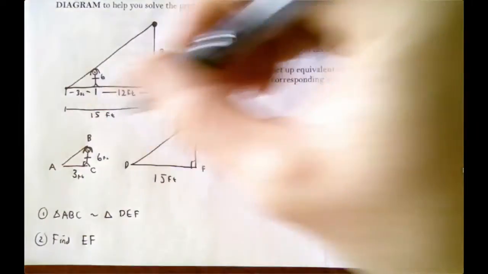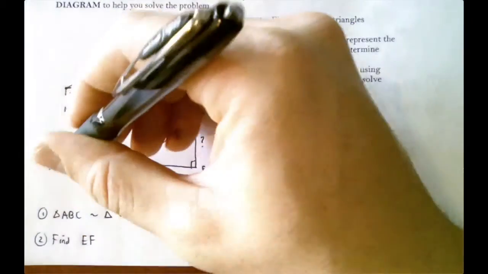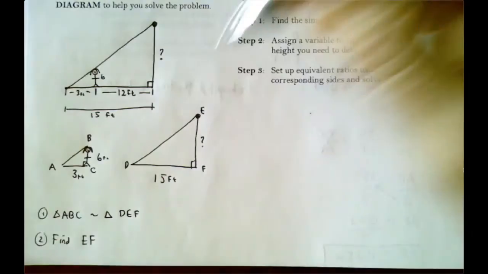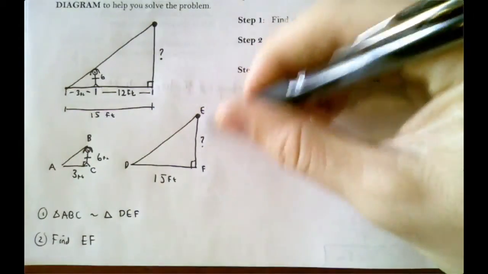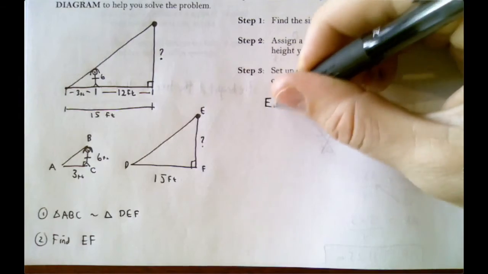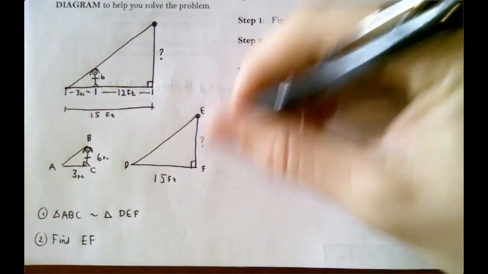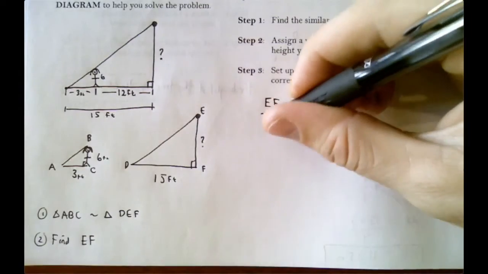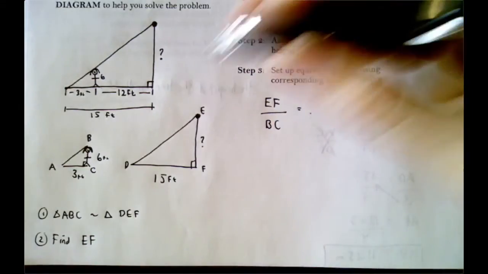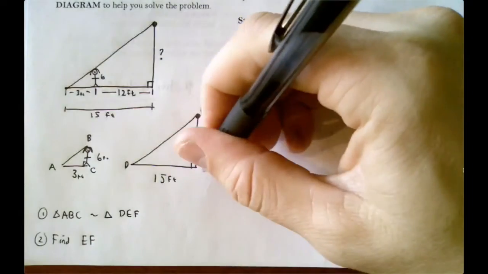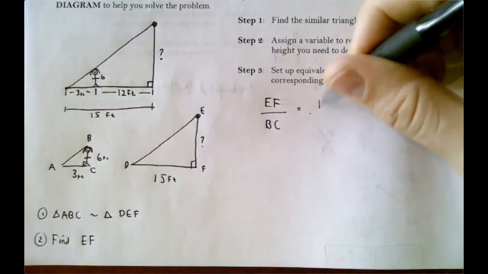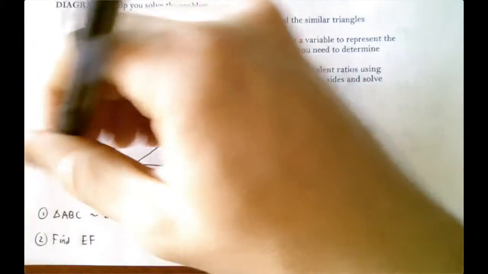We've got AB and DE we know nothing about, so let's start with AC and DF. Actually, let's start with the one we don't know, EF. EF and BC. And DF and AC.